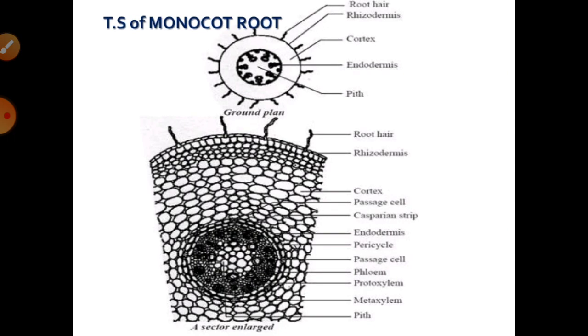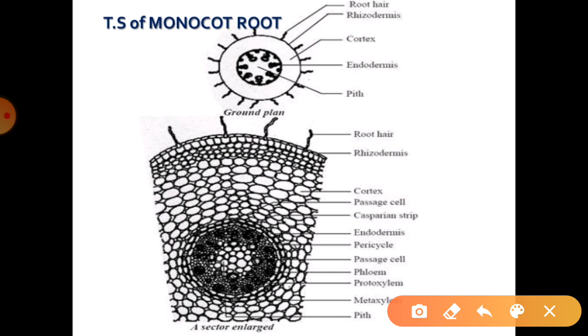You can see these vascular bundles always form a ring formation like this, with the phloem and xylem. Around the center is the pith region.